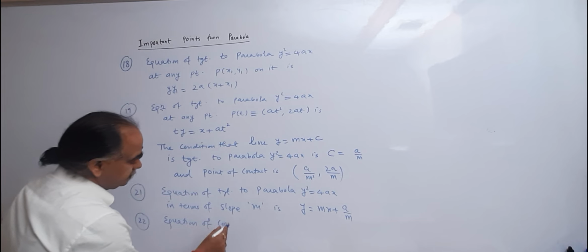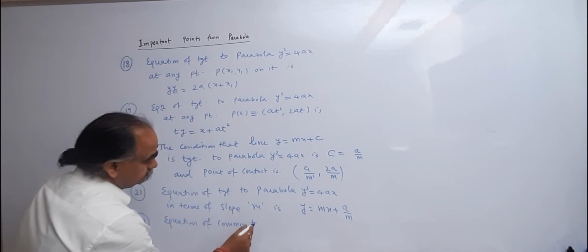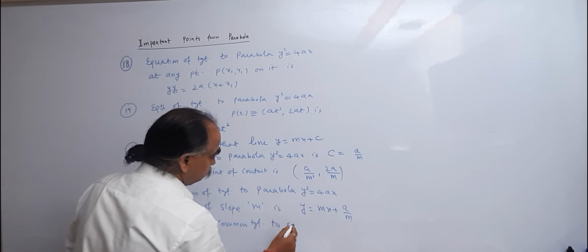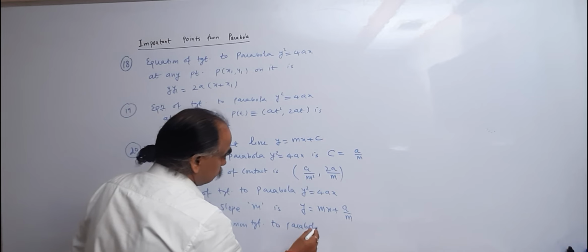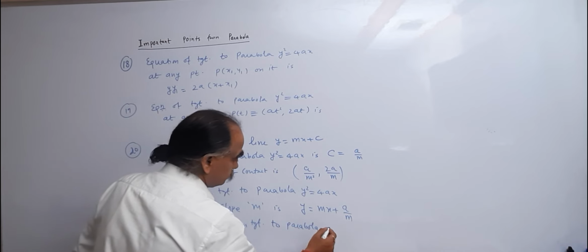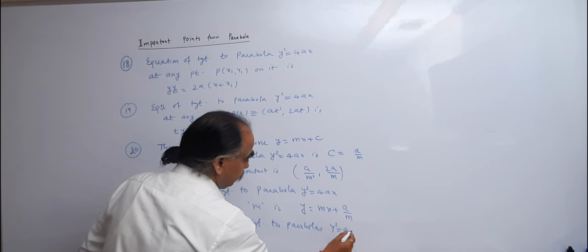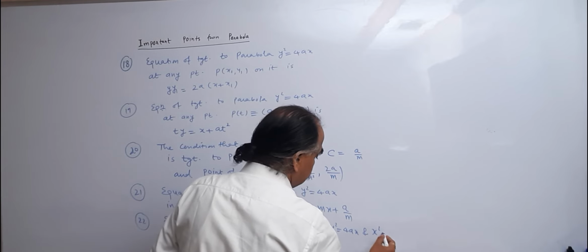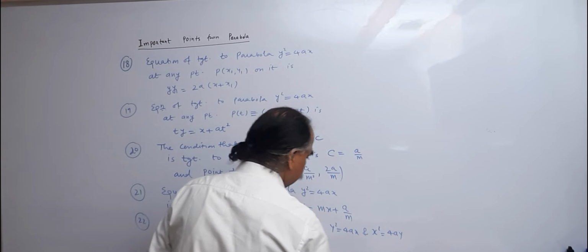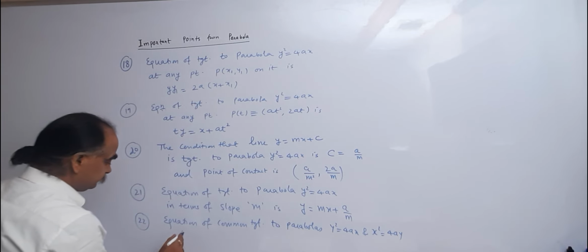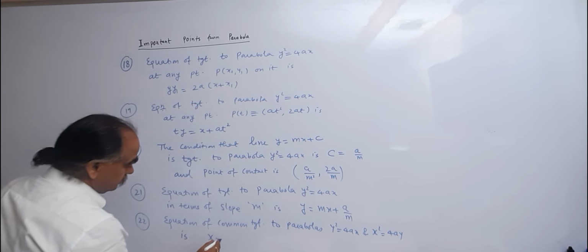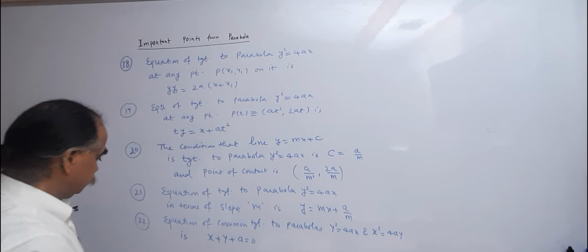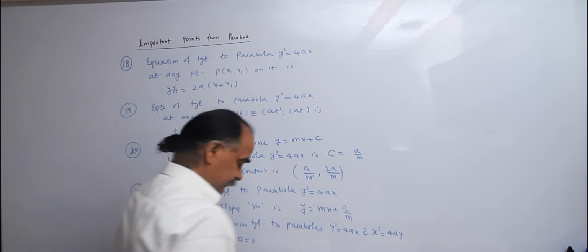Equation of common tangent to the parabolas y square is equal to 4ax and x square is equal to 4ay is x plus y plus a is equal to 0. Point number 23.